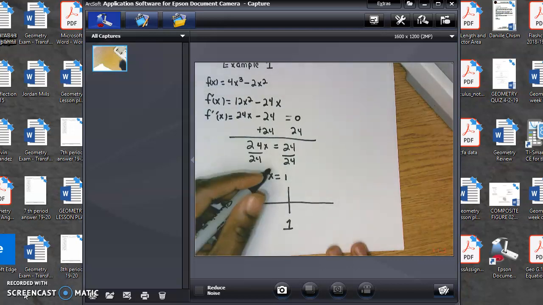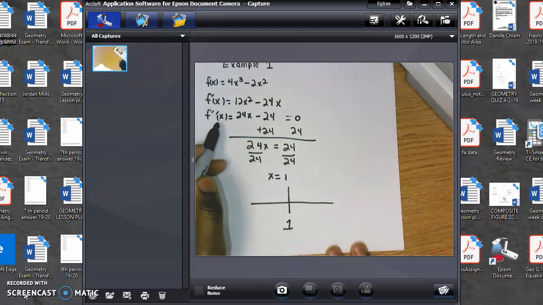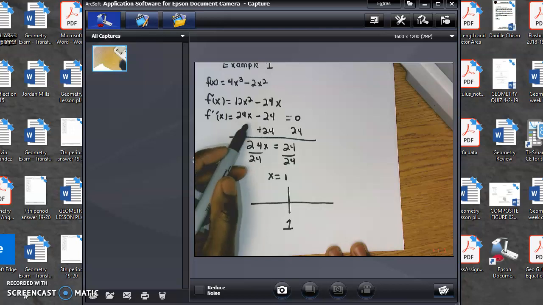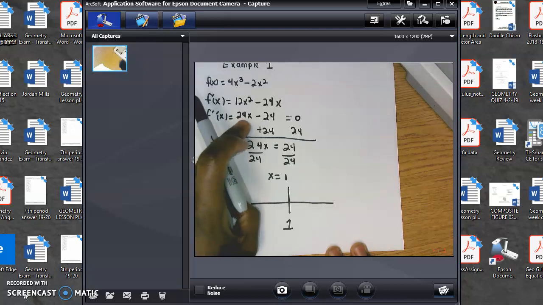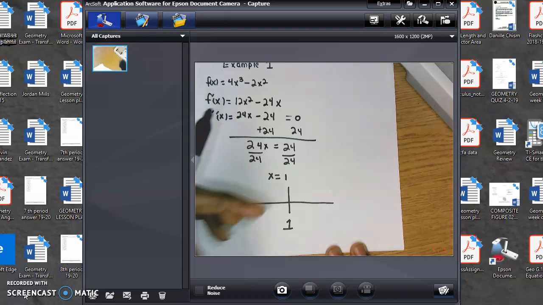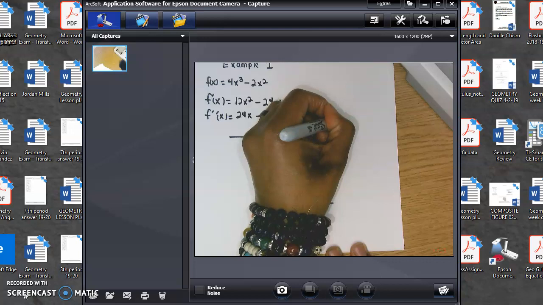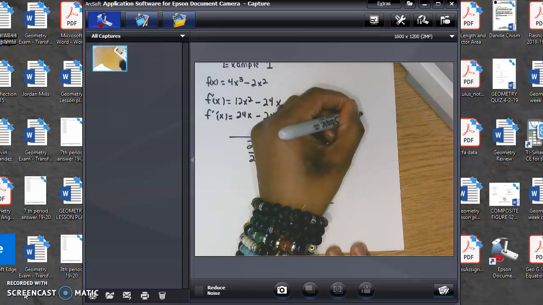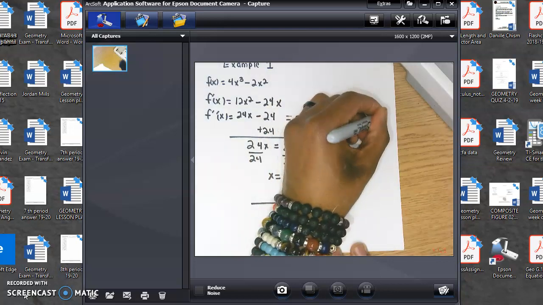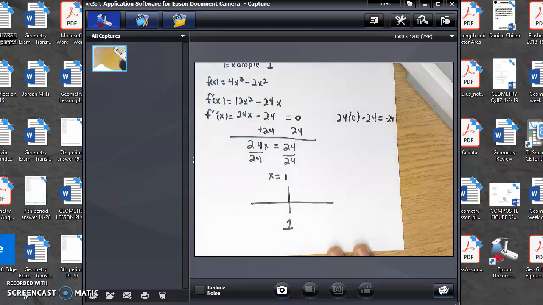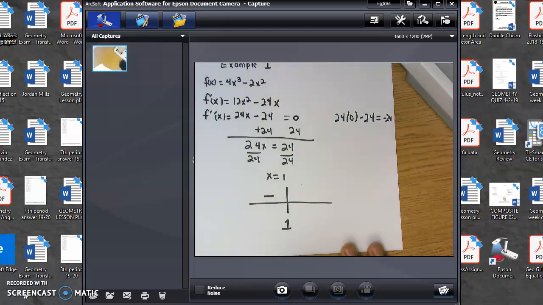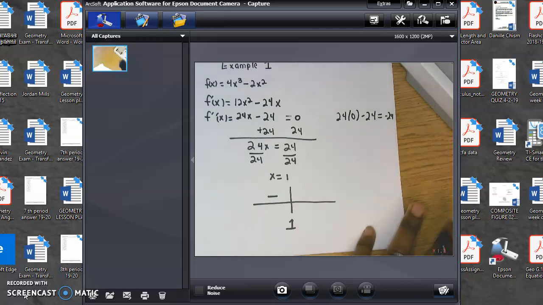So I'm going to choose 0, and I'm going to plug 0 back into the second derivative function. So if I plug 0 into the second derivative function, everywhere I see an x, I'm going to get a negative value, because we have 24 times 0 minus 24. Well, that's just a negative 24. So we're going to get a negative number. Now, I'm going to choose a number to the right of 1, and so I'm going to just use 2.